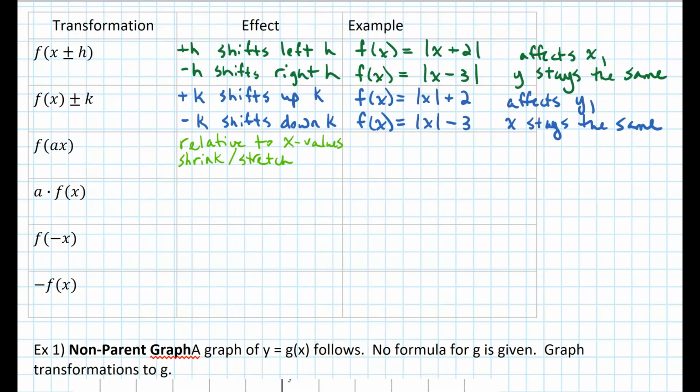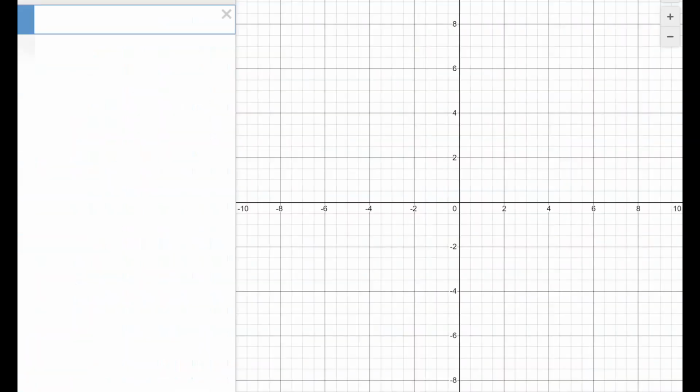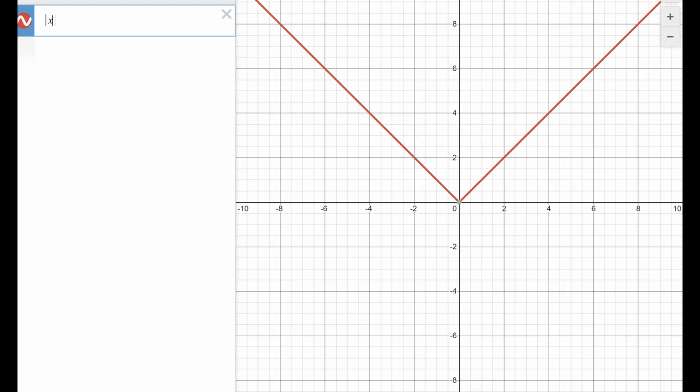For this one, are you talking about when it was 2x? I didn't get the same exact graph like that. Yeah, so they should come out the same. Let me pull this up. So I'm going to go ahead and graph the parent function in here. Yeah, we're in unit 2.